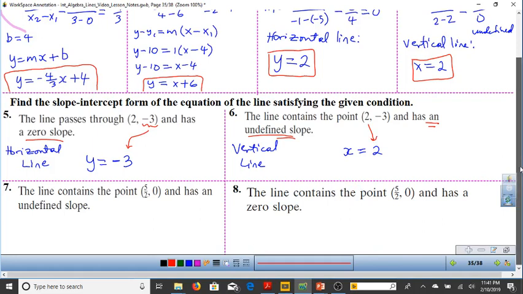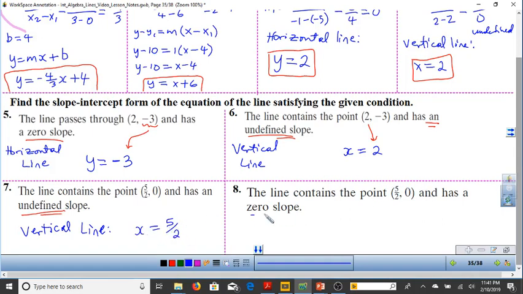There we go. It contains the point 5/2, 0, and has an undefined slope. Again, undefined slope. We're talking about a vertical line, which means what? The equation has no y in it. It's just x equal to a number. What number is that? 5/2. So x equal to 5/2.